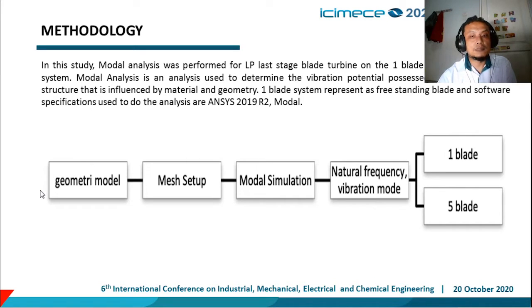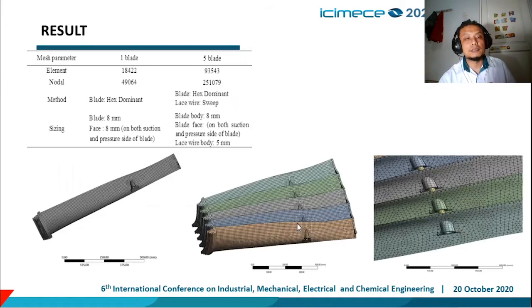The 1 blade system represents a freestanding blade, and the software used is ANSYS 2019 R2. This is the block diagram: geometry model, mesh setup, model simulation, natural frequency and vibration mode analysis, 1 blade and 5 blade system.